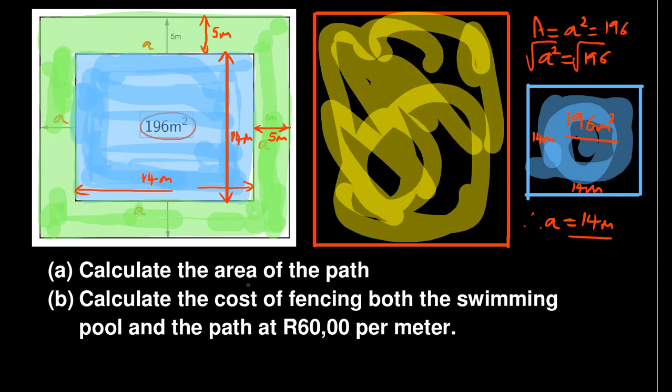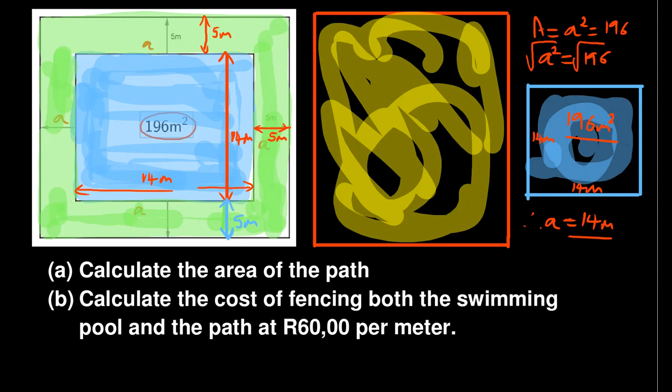Now with that 14, what is interesting is I am then able to say from this distance, remember they gave me, I'm given that this distance is 5 meters and the top distance is 5 meters.